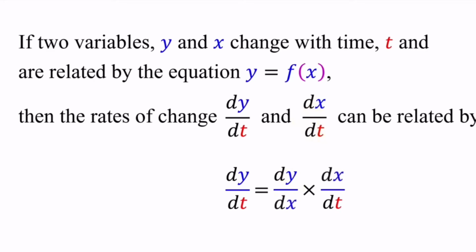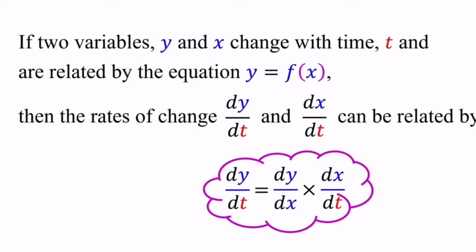Okay, so that is how we start the chain rule by writing dy/dt equal to dy/dx times dx/dt. So please remember this. This is very important. This is the so-called application of chain rule in solving rate of change.